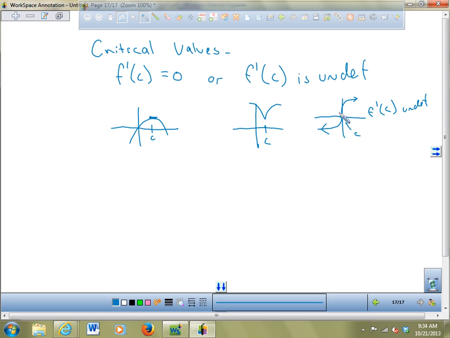Does anyone know what that's called, which we'll talk about in the third section? That's a point of inflection, okay? You could also have the derivative being 0 without having a maximum or minimum there.